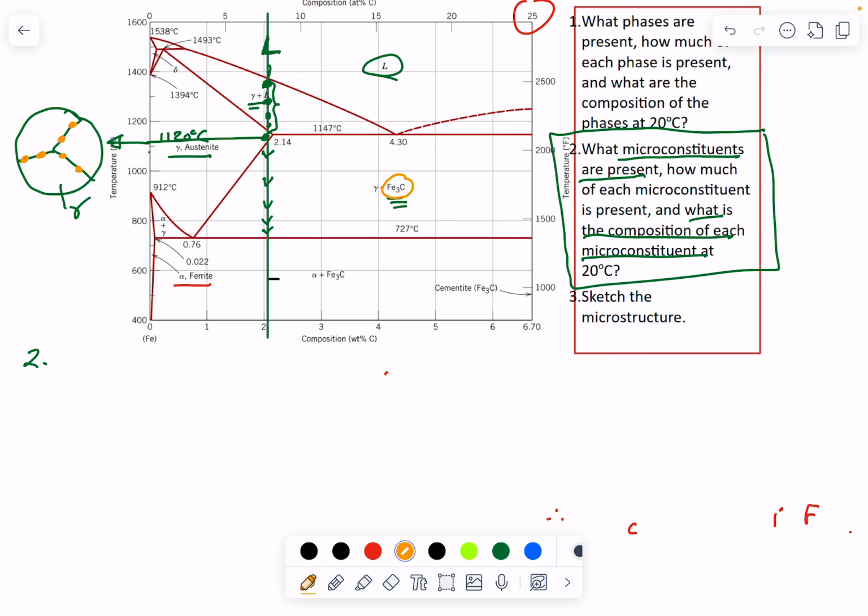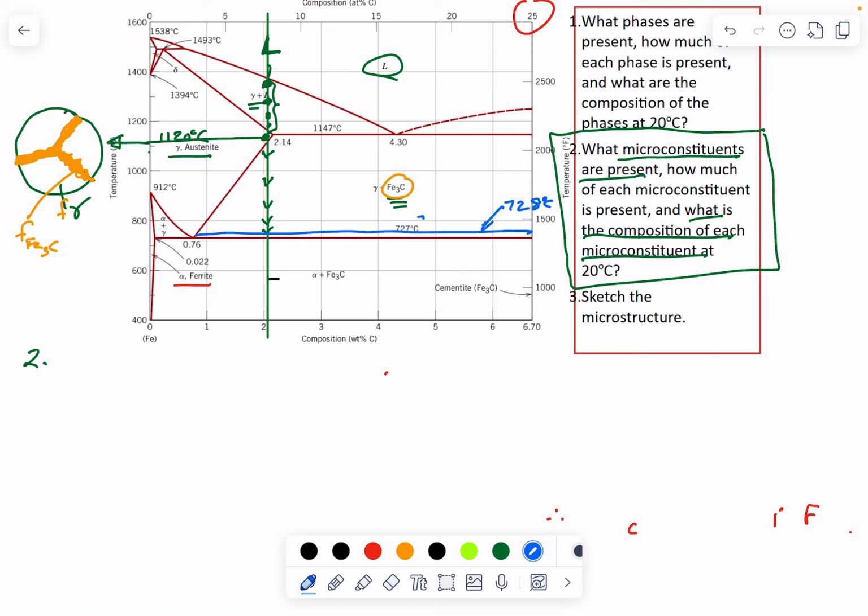At this point, I'm going to switch to blue. So at 728 degrees C, I'm calling that temperature 728 degrees C. Why 728? Because it's just 1 degree above this. At that temperature, you can see that the tie line will intersect there, and of course at our overall alloy composition.